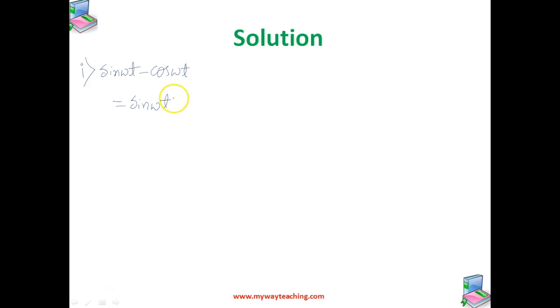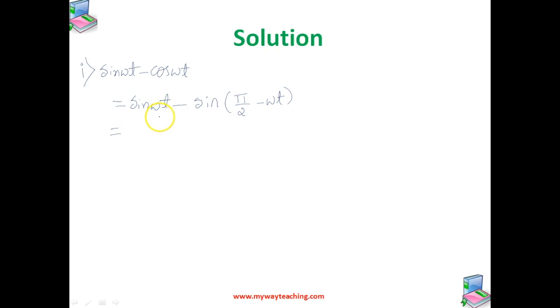So we can say sin omega t minus, we can write this cos omega t as sin of pi by 2 minus omega t, isn't it?